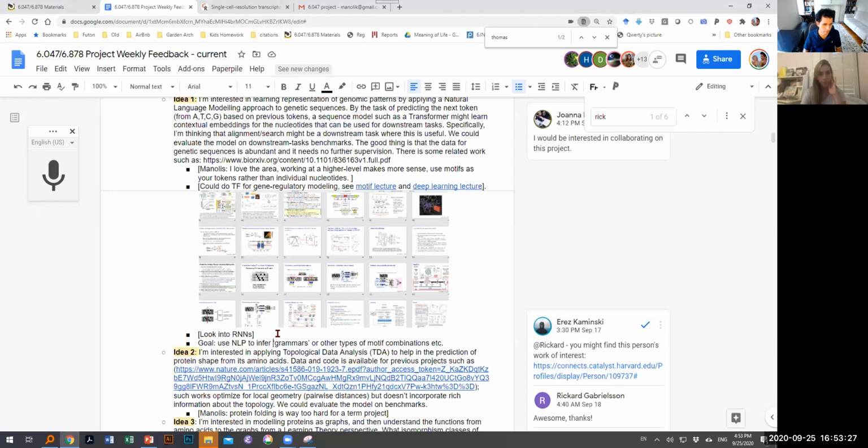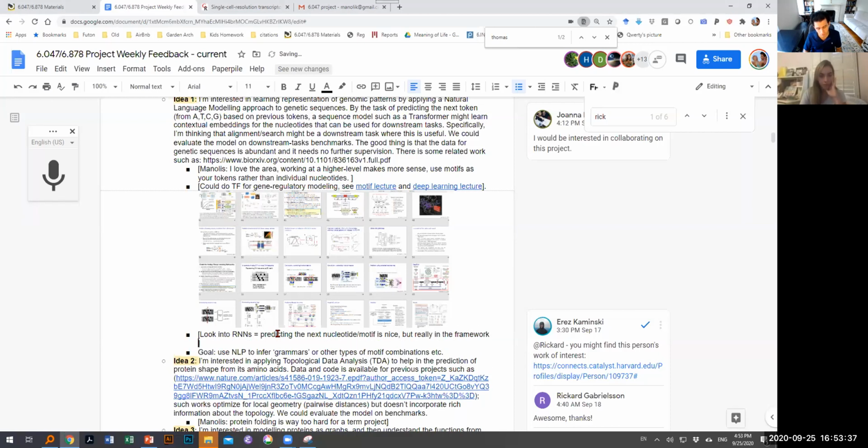And this whole predicting the next nucleotide or motif is nice, but really in the framework of an RNN which learns time course relationships in data. So that would be my suggestion there.